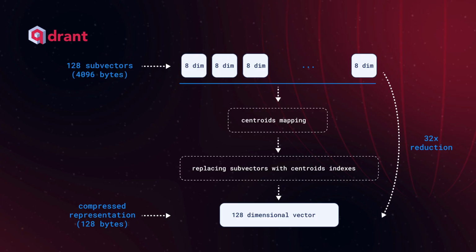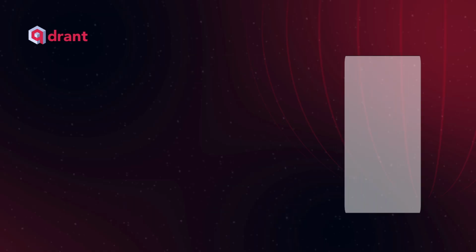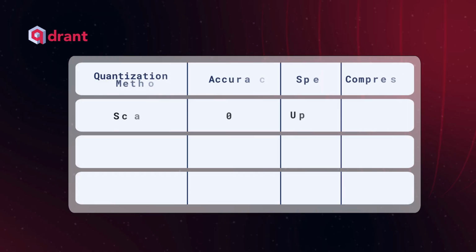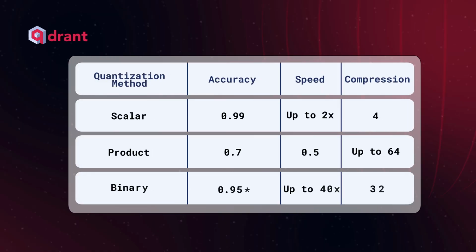However, these high compression configurations can lead to a very significant drop in quality when we compare this method to scalar or binary quantization. In this table, there is a quick comparison of the three methods, so you can have a look and understand which one is best for your use case or for your type of data.